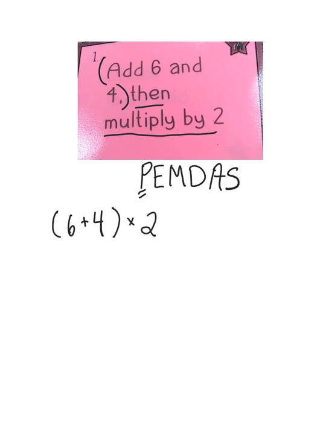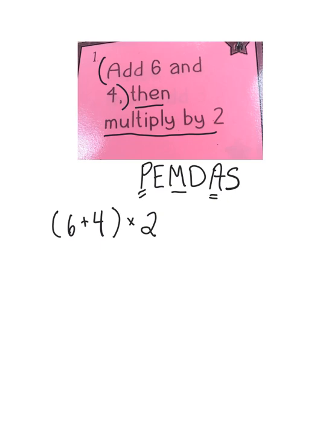The parentheses are necessary because if we follow the order of operations without parentheses, since we solve multiplication before addition, we would have to solve the 4 times 2 first and then add 6. So that's why the parentheses are necessary here.